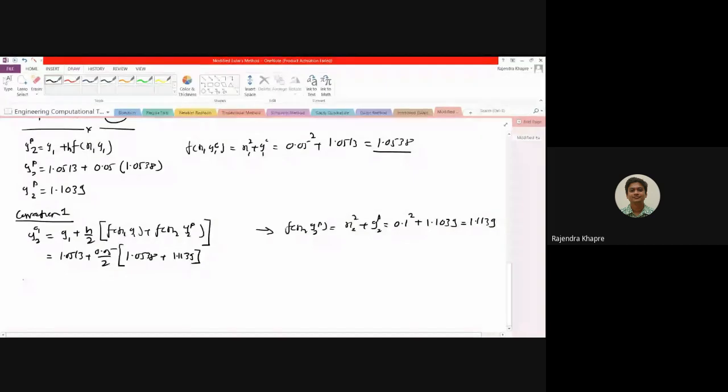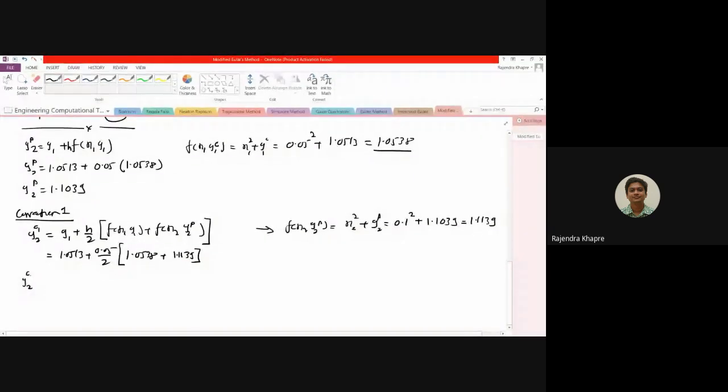So this y2 corrected for the first time, how much is this? 1.1054. 55 or 54? 54.